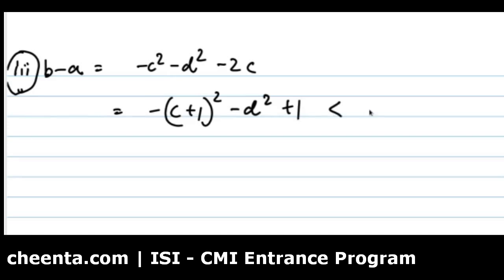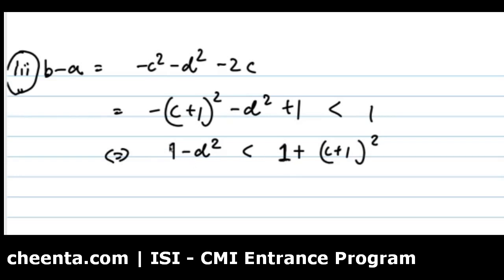And this is strictly less than 1 because 1 minus d square is strictly less than 1 plus c plus 1 whole square, right?